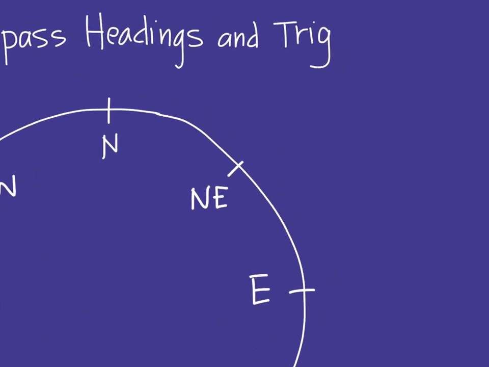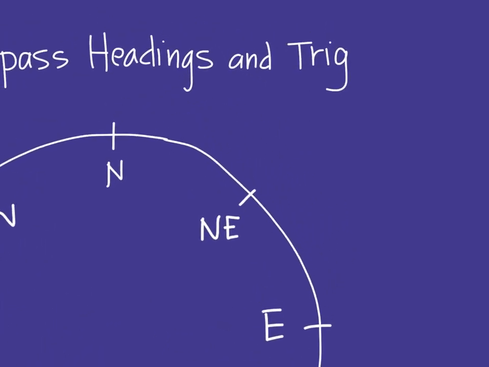All right, so let's focus on the north and the east section, and those are divided up a little bit further. The first one is called north dot northeast. So it's like a combination of the two that it's between. A lot of times that dot isn't written there, it's just written NNE, but it stands for north, northeast.